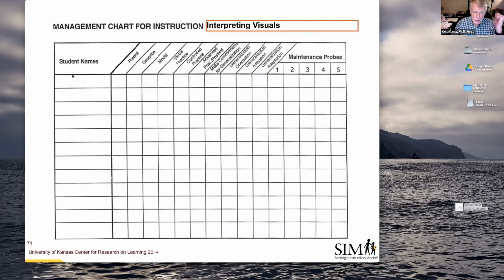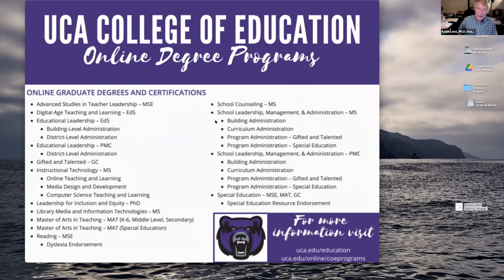There's even a place for you to list all the student names and then how they make progress through the intervention. And that ends the presentation. With the manual and with the PowerPoint presentation, you should be able to implement this strategy on your own.